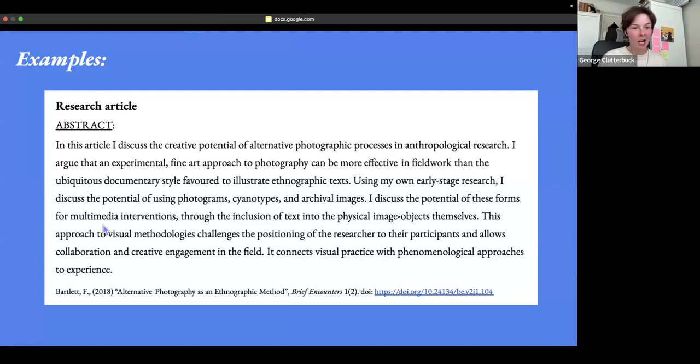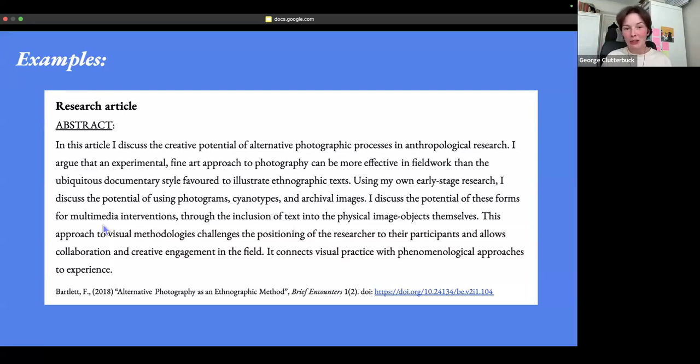They proceed to say, I argue that an experimental fine art approach to photography can be more effective in fieldwork than the ubiquitous documentary style favored to illustrate ethnographic texts. I think already it becomes clear that what they're trying to do is complicated, and they are trying to show that they are a specialist in this kind of work.